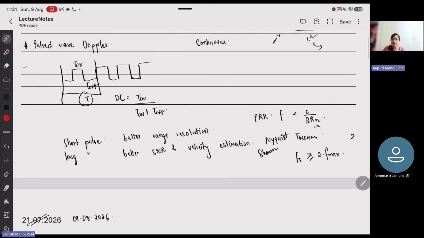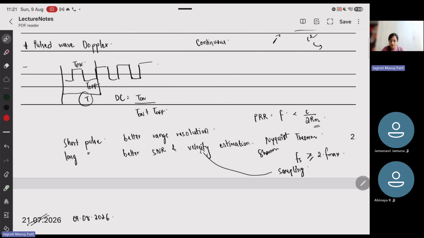So that is what the Nyquist theorem tells us. This is about sampling, and this sampling is related to how quickly you can estimate your range and velocity. So in this case also, the PRF should be higher than 2 times the Doppler shift frequency that you're trying to measure.